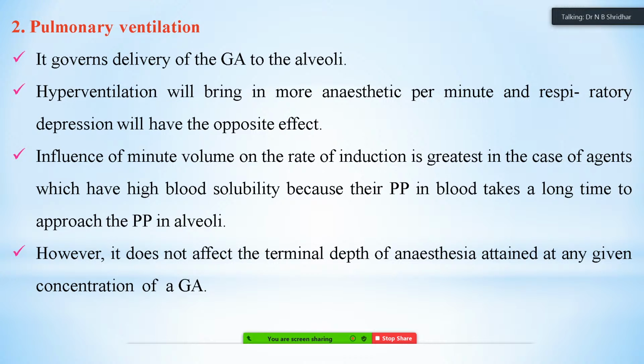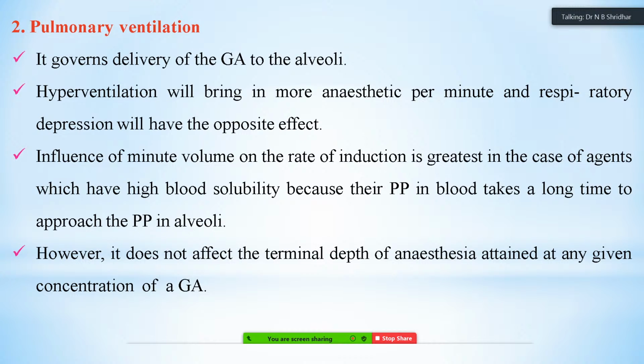However, it does not affect the terminal depth of anesthesia attained at any given concentration of the general anesthetic. The solubility of a gas agent in the blood will not affect the terminal depth of anesthesia, because although the gas is more soluble in blood and penetrates the alveoli faster, it does not guarantee that the recovery phase follows a similar pattern.